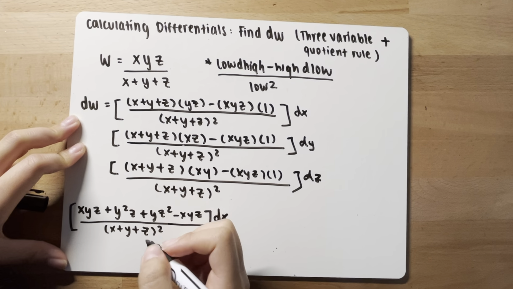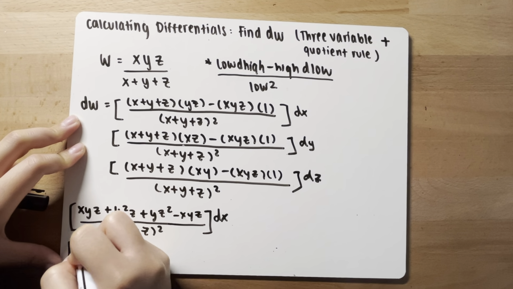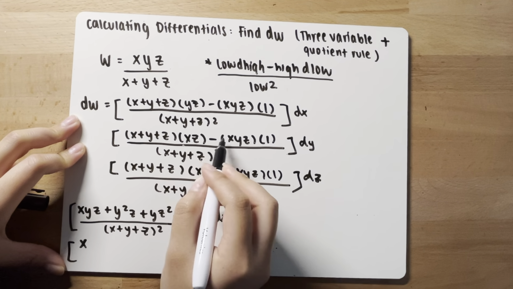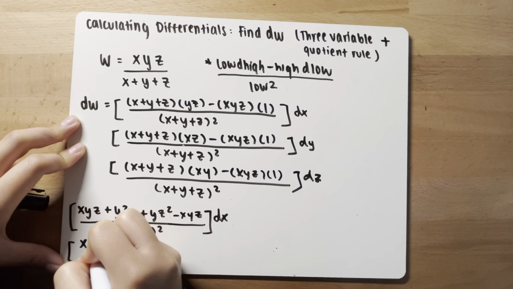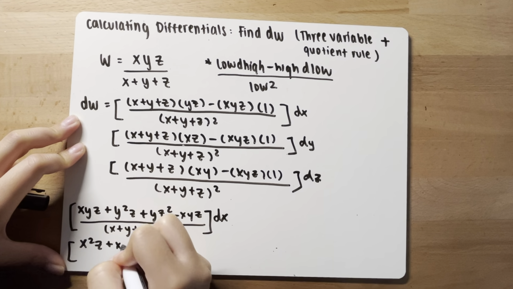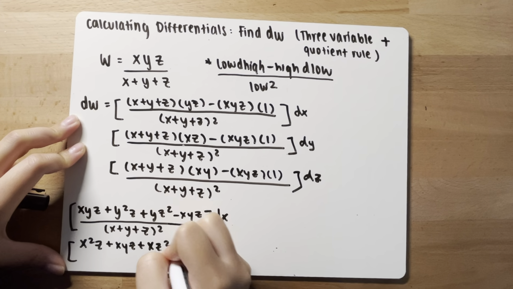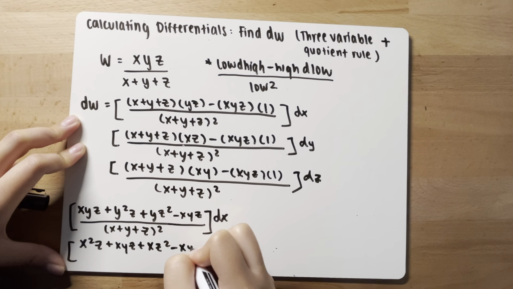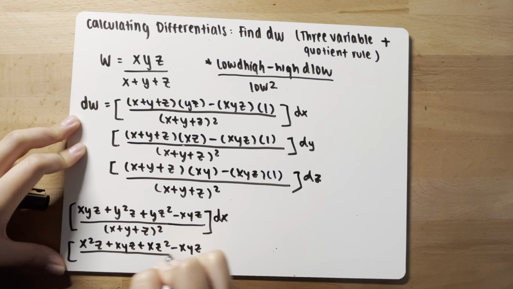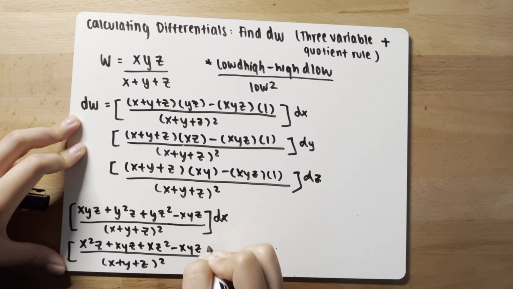For your dy, you are going to have x squared z plus xyz plus xz squared minus xyz over x plus y plus z squared.